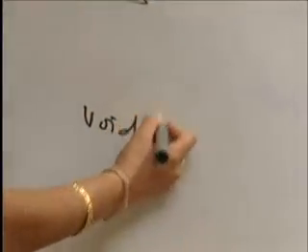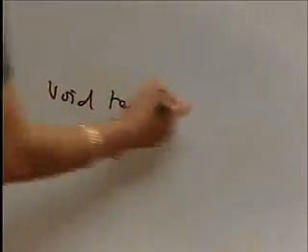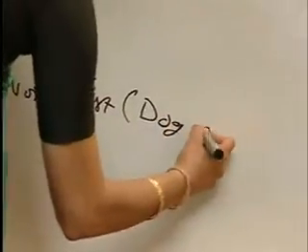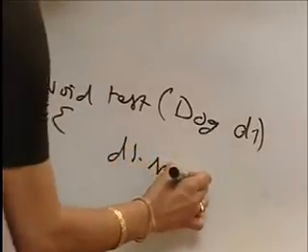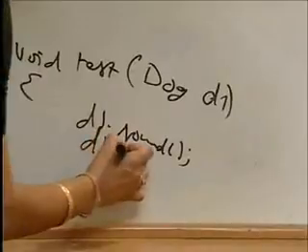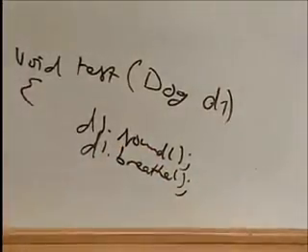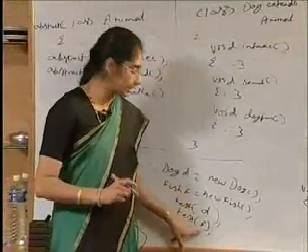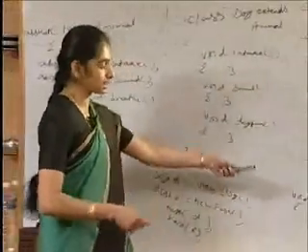Now this test method, if it has to take a d as a parameter, which is a dog reference, the parameter type has to be dog here, and using that you call the sound, the breathe, etc. Similarly, if you want to be able to pass to the test method the fish reference, you will require to write another test method which takes a fish object as a parameter and calls the sound and breathe.